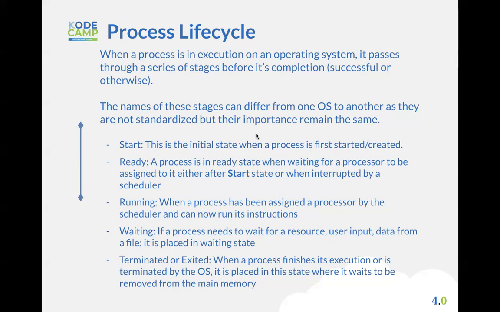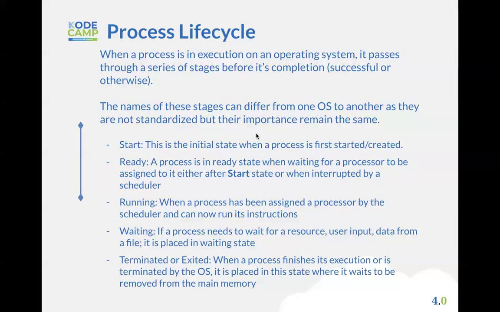Now, when you come into an environment of multi-programming and multi-processing, where a processor needs to handle more than one process, an operating system needs a way to schedule processes and move between the various processes that a processor needs to handle.